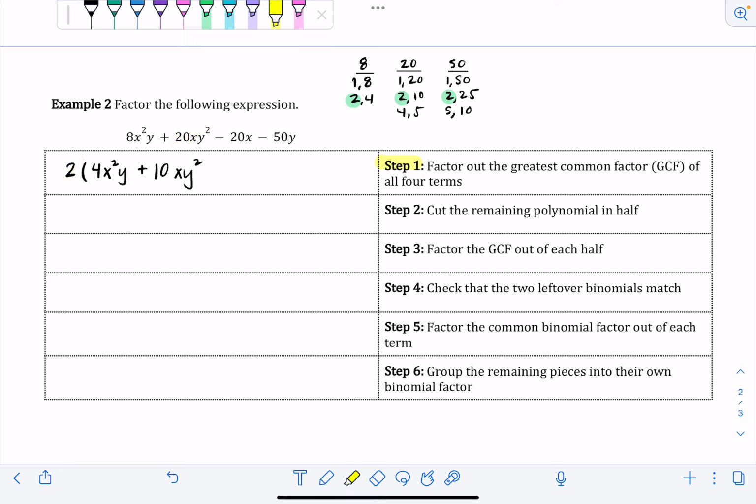And then negative 20x divided by 2, negative 20 divided by 2 is negative 10, and not dividing by any variable, so the x stays the same. And then negative 50y divided by 2, negative 50 divided by 2 is negative 25, and then the y stays put because I'm not dividing out any variables.